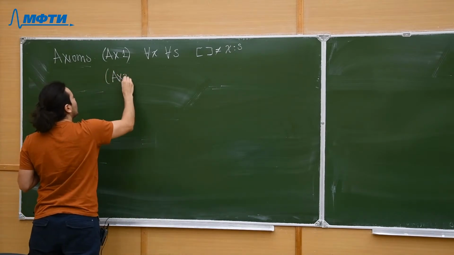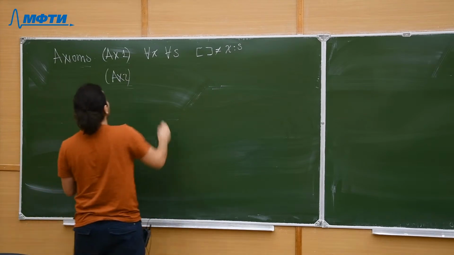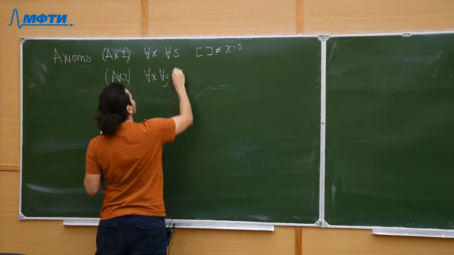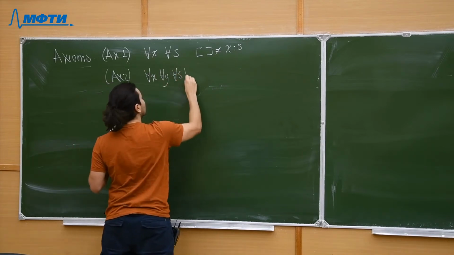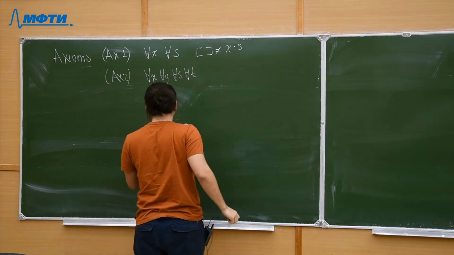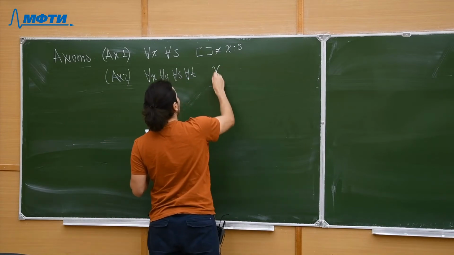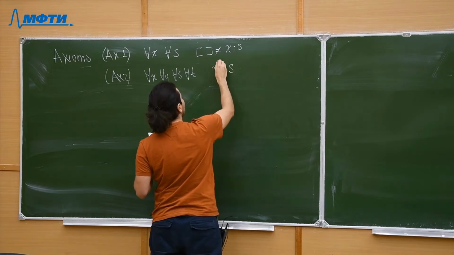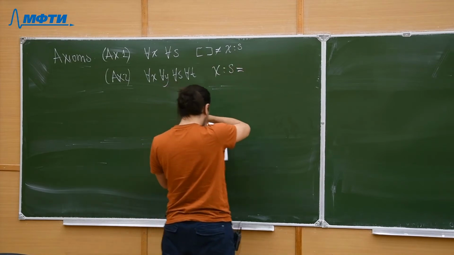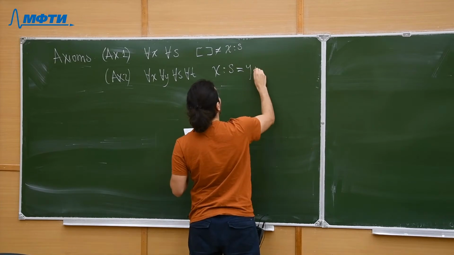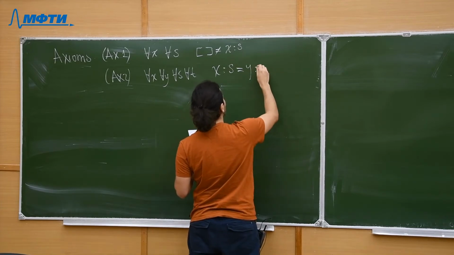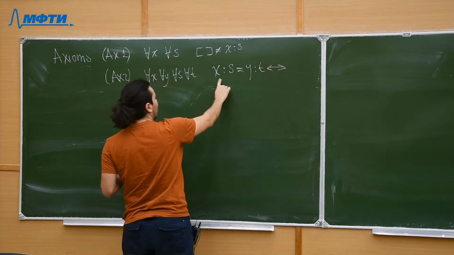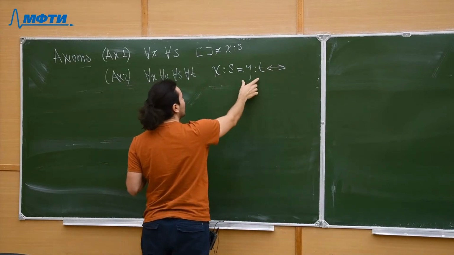And the second one is that for all symbols X and Y and for all strings S and T, the string X:S is equal to the string Y:T if and only if the heads are equal and their tails are equal.